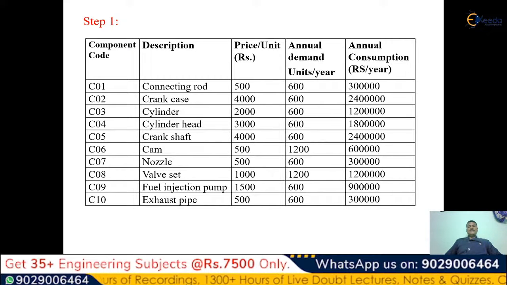Similarly, 24 lakhs, 12 lakhs, 18 lakhs, 24 lakhs, 66 lakhs, 3 lakhs, 12 lakhs, 9 lakhs and 3 lakhs are the individual values obtained for connecting rod, crankcase, cylinder, cylinder head, crankshaft, cam, nozzle, valve, fuel injection pump and exhaust pipe.